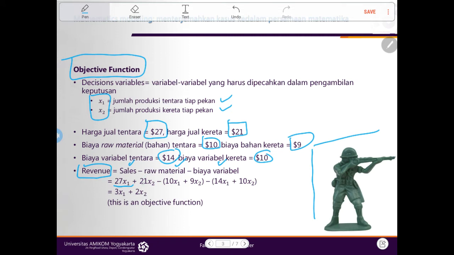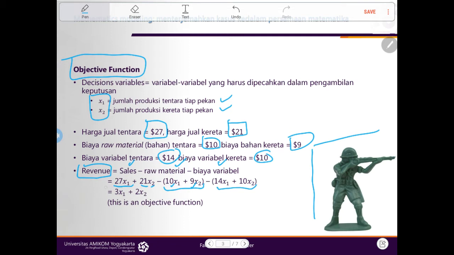This is the price of the train times the quantity of train. And this is the raw material of both, raw material of soldiers and raw material of train. And this is the variable cost of train and soldiers.